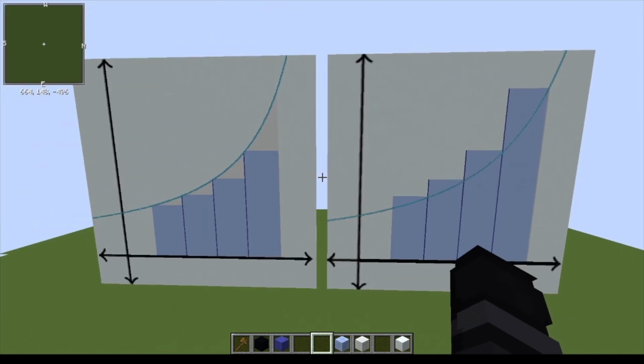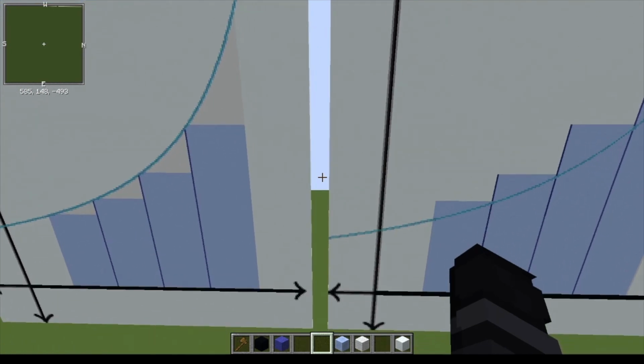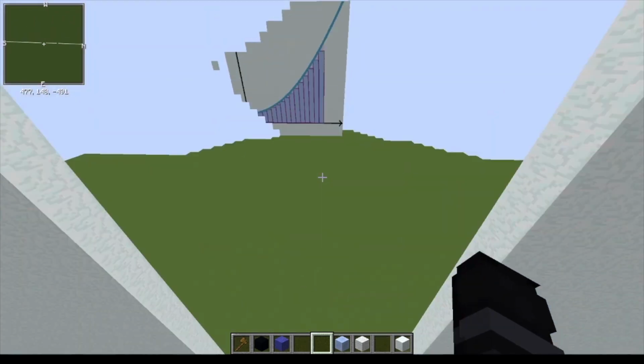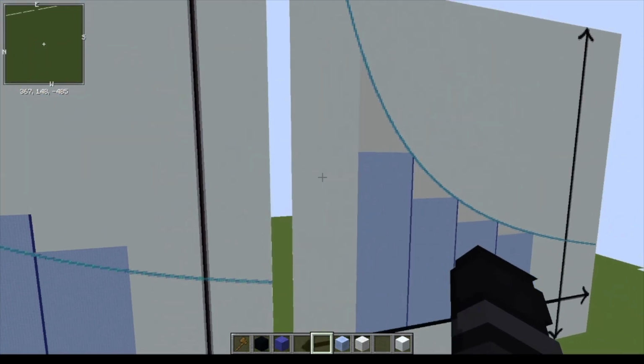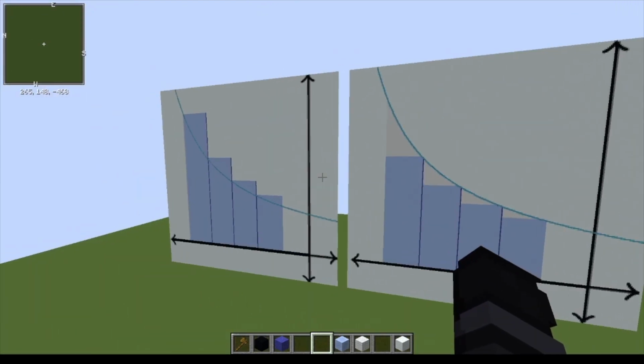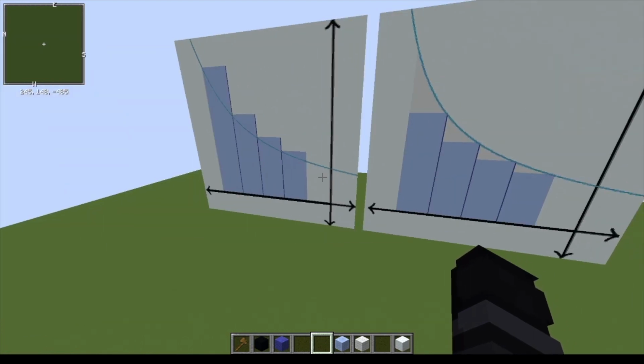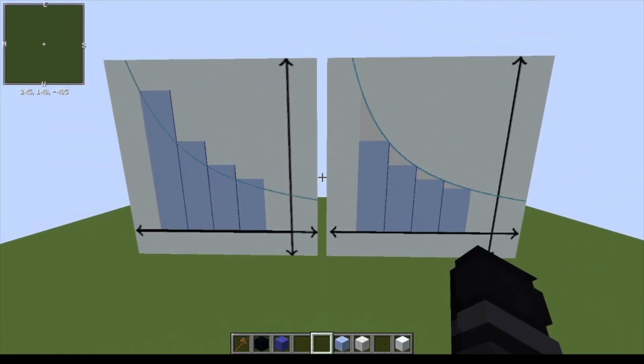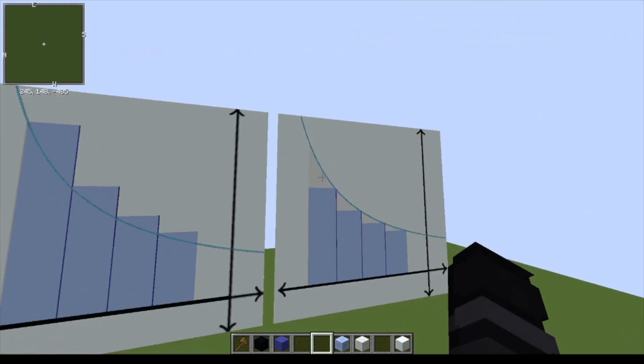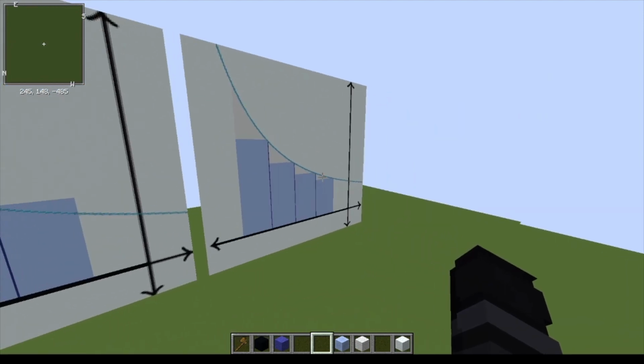Also, something we want to note here is if we just flip these graphs around and look at this, you can now see that these graphs are decreasing. And you can see with the right Riemann sum, it's actually less than the area from a to b.